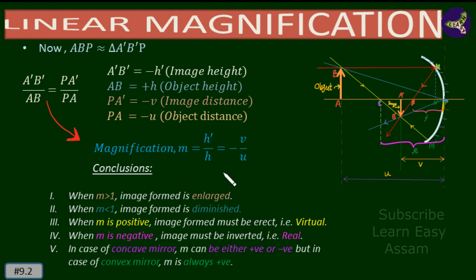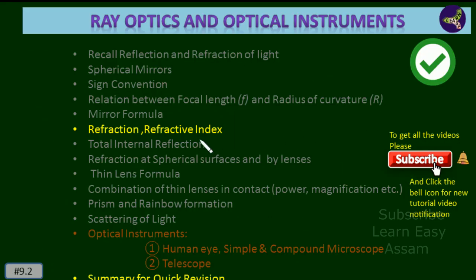So this is the important formula for linear magnification. Hope you have understood this concept of mirror formula and linear magnification. In our next video we are going to discuss refraction and refractive index, and there will be other videos in which I will discuss total internal reflection in detail, then refraction at spherical surfaces and by lenses, thin lens formula, and we will find a relation for a combination of thin lenses in contact.